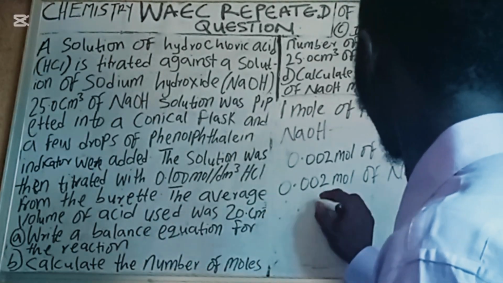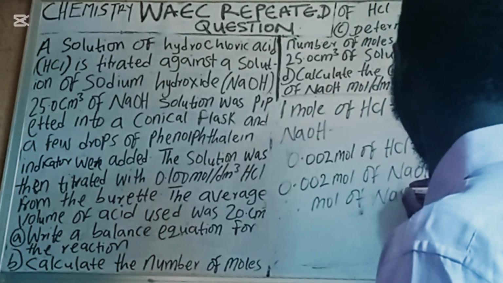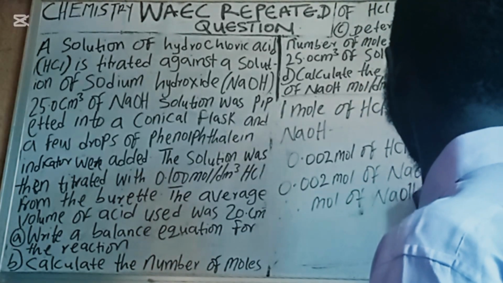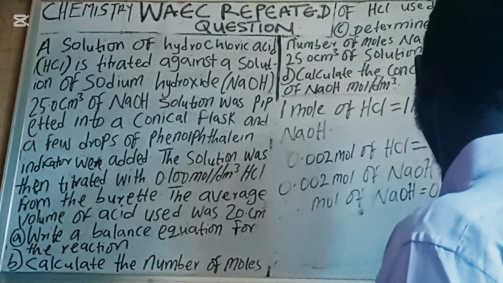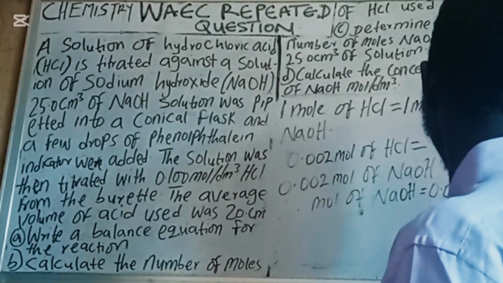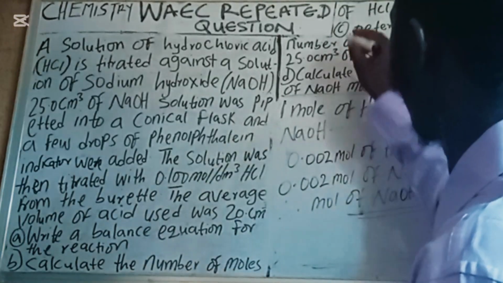Therefore, the mole of sodium hydroxide is equal to 0.002 mole. So this is our final answer for C.